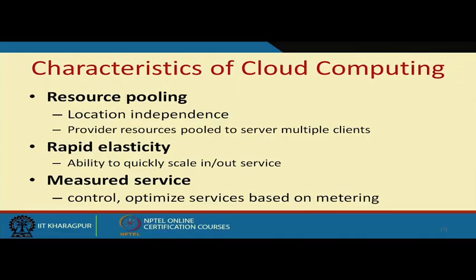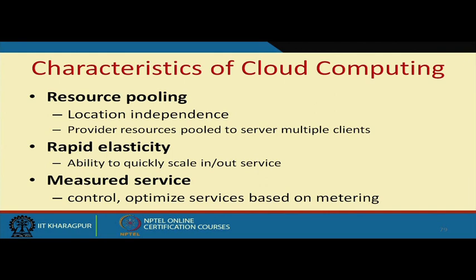This is based on resource pooling. By resource pooling we mean we have multiple resources handled together and used by several entities, so that the resource is not lost.